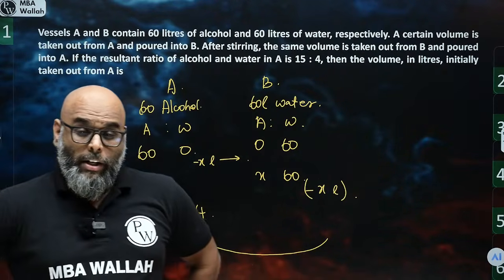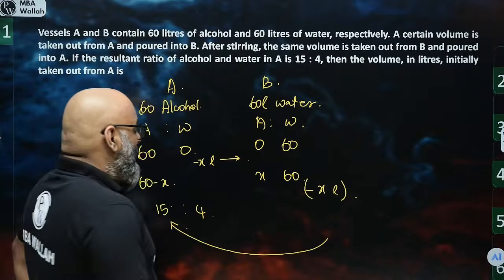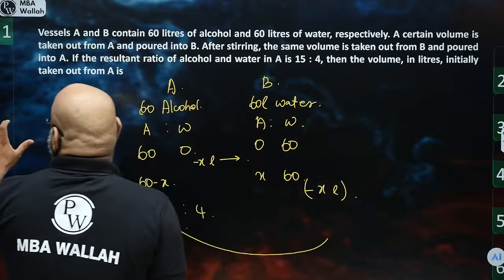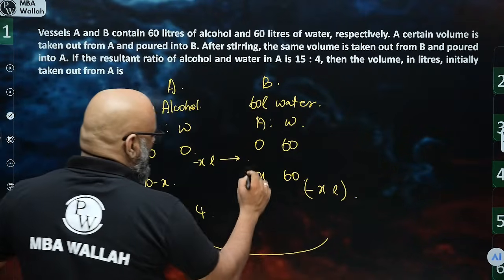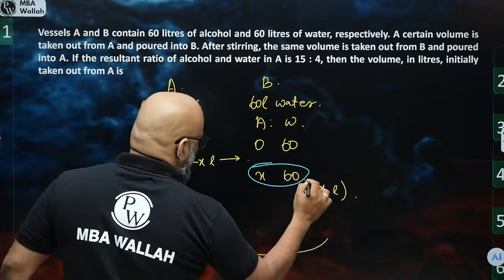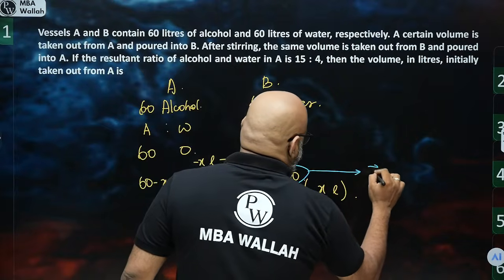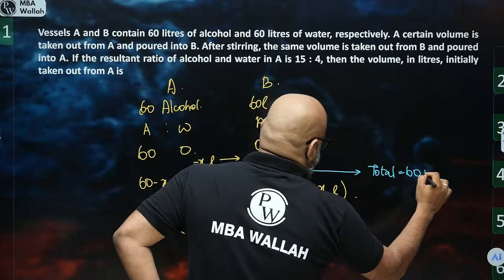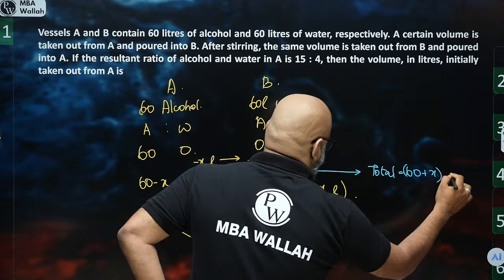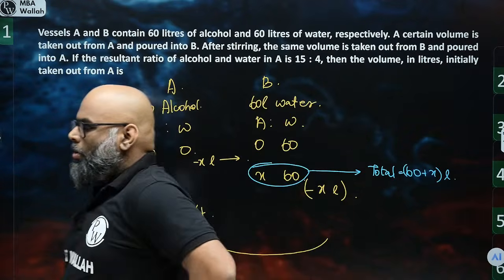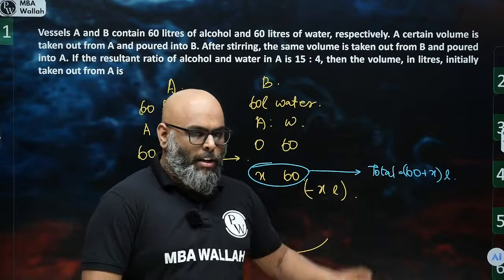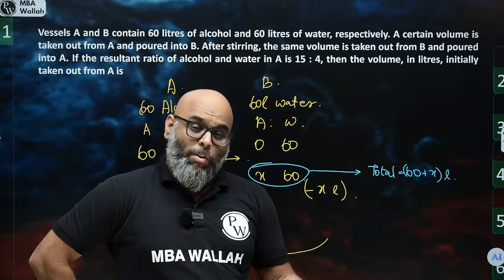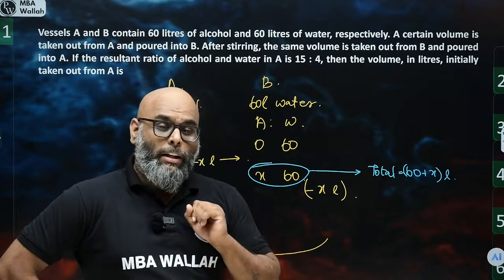Now by concentration we know that I'm going to look into this part, container B over here. From here I can notice that the total is 60 plus X liters, right? The total here will be 60 plus X liters. Out of which, what is the water here?